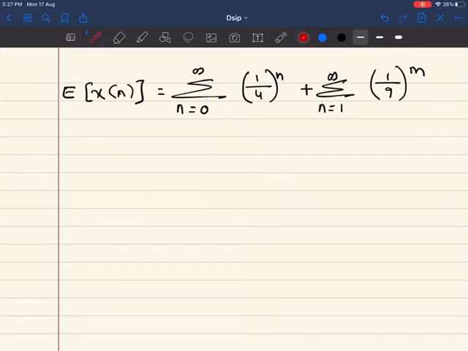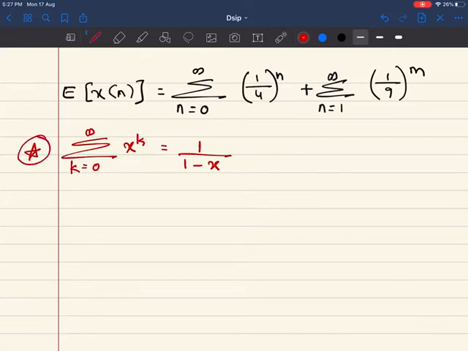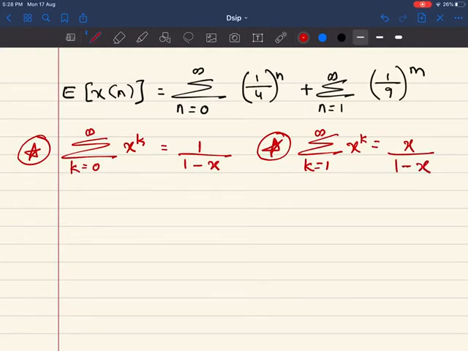I am writing the formula over here so that you all can write it in your notebooks too. Summation of k is equal to 0 to infinity x raised to k is equal to 1 upon 1 minus x, which could be used for the first term. And this is another formula: summation of k is equal to 1 to infinity x raised to k is equal to x upon 1 minus x. So these are the two formulas that could be used for the above two terms.